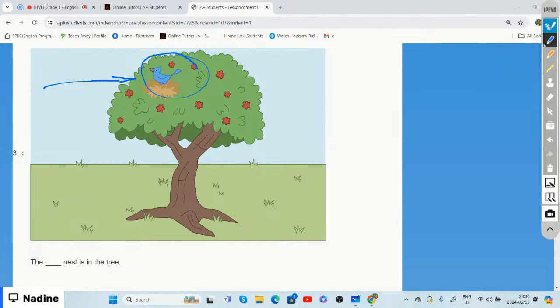Whose nest is in the tree? So we need to say whose nest is in the tree.